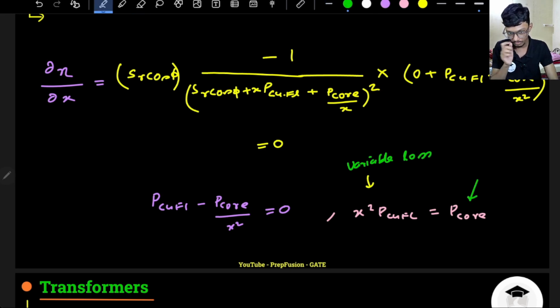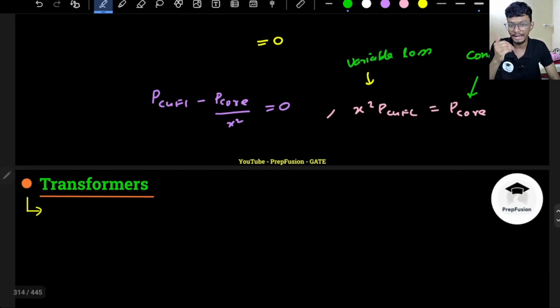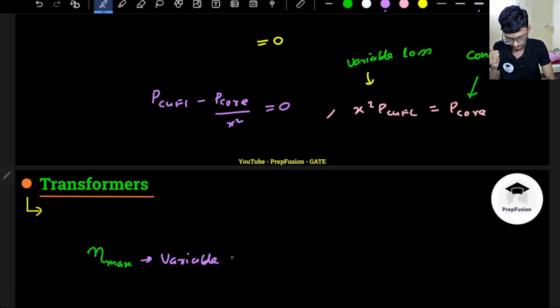And what is core? It is the constant loss. This will not vary with respect to the loading. So basically at maximum efficiency, the variable loss will be equal to the constant loss.